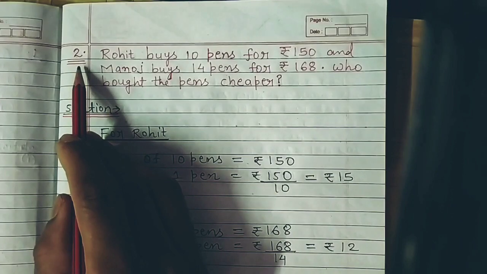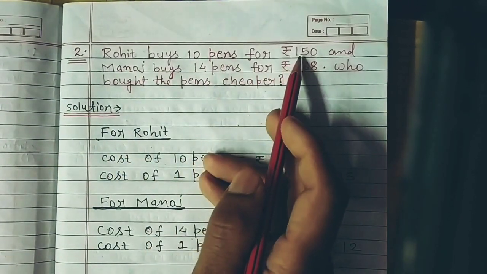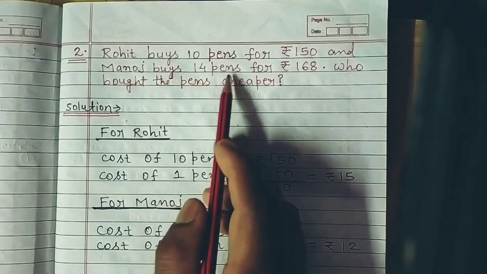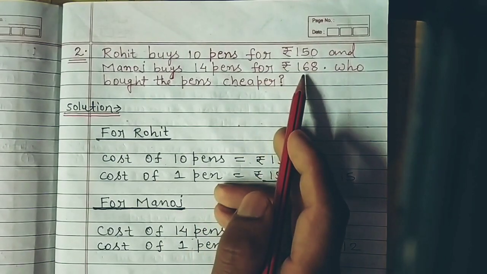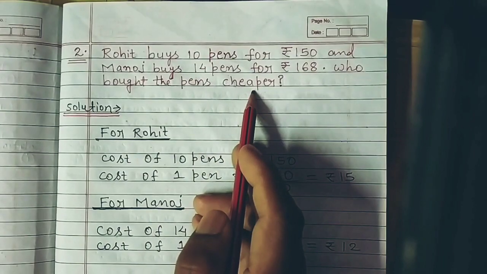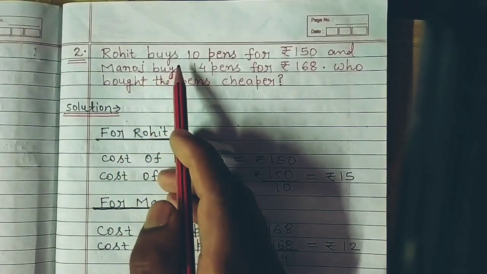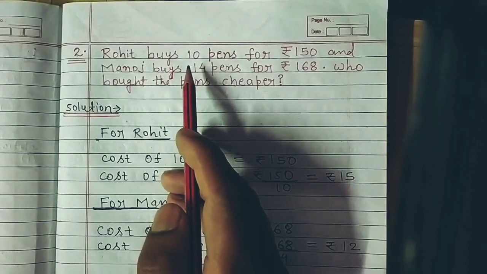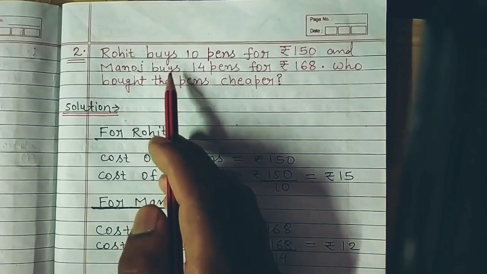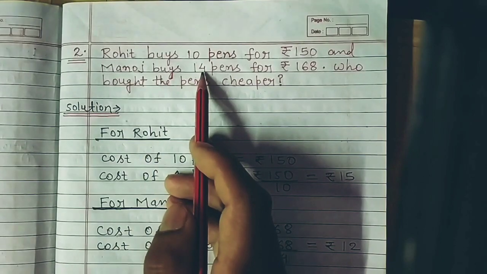Now the next question is, Rohit buys 10 pens for rupees 150 and Manoj buys 14 pens for rupees 168. Who bought the pens cheaper? So in this question, the number of pens Rohit bought is 10, and the number of pens Manoj bought is 14.